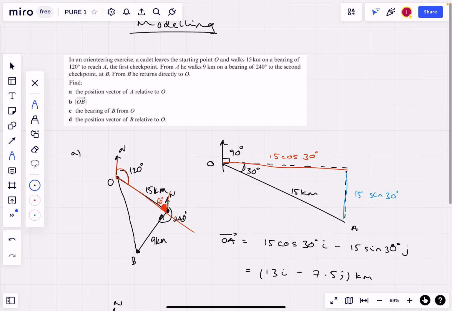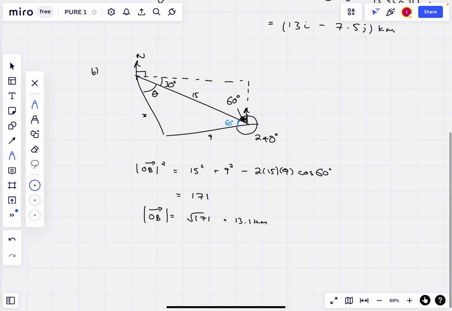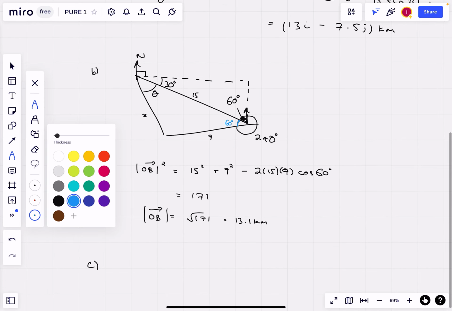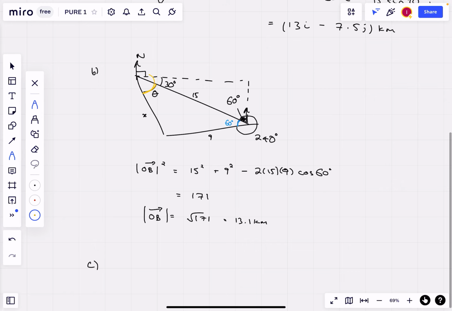Okay. C, the bearing of B from O. So in part C, we're trying to work out the bearing of B from O. So that's B. We need to work out this angle here in order to add it to that 120.